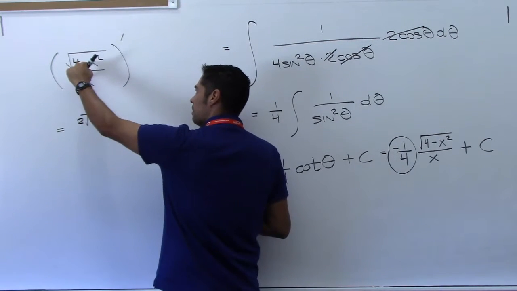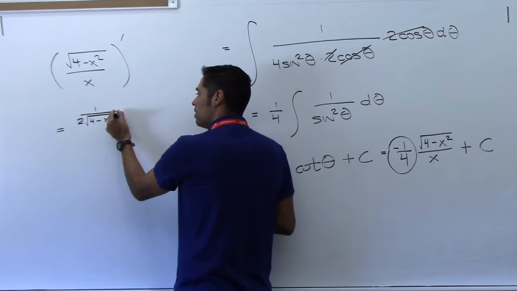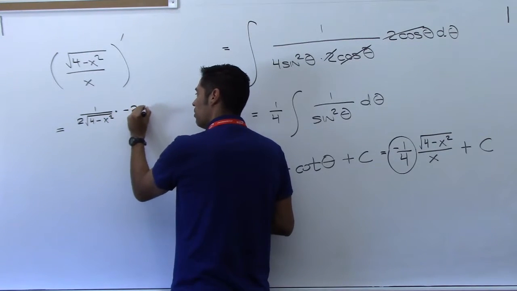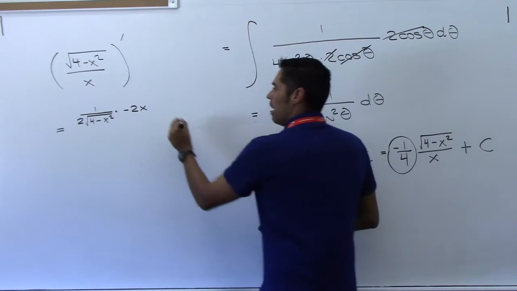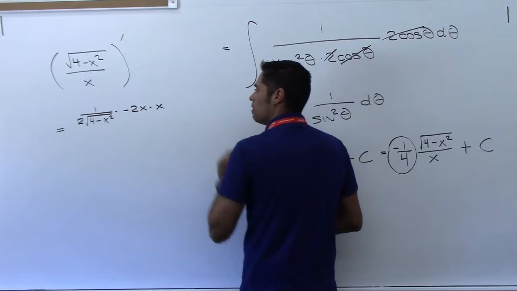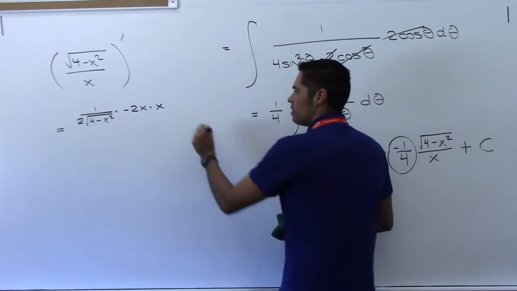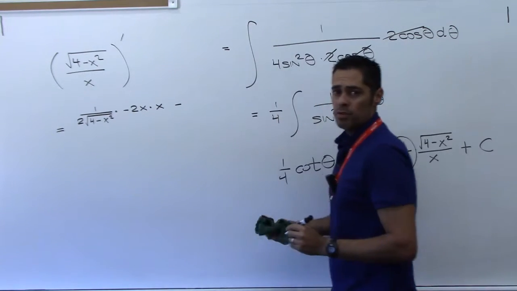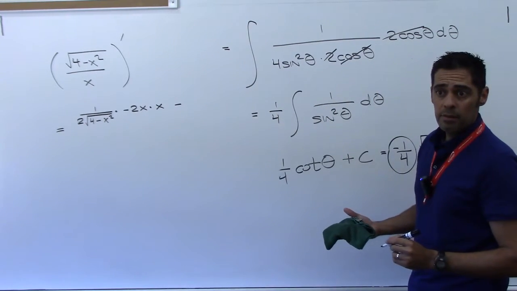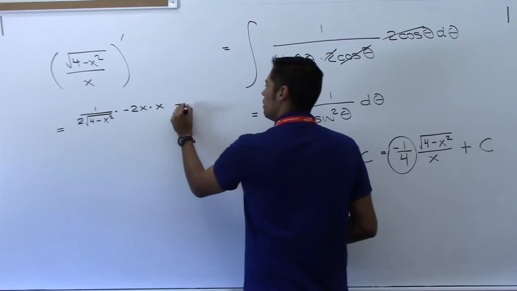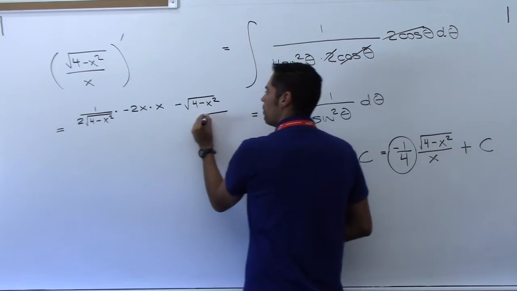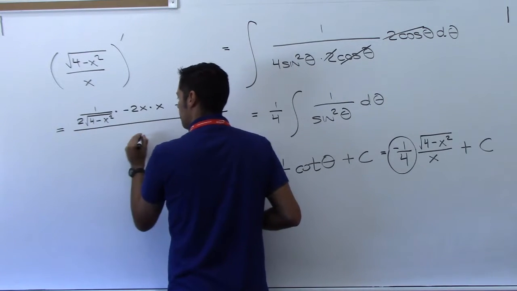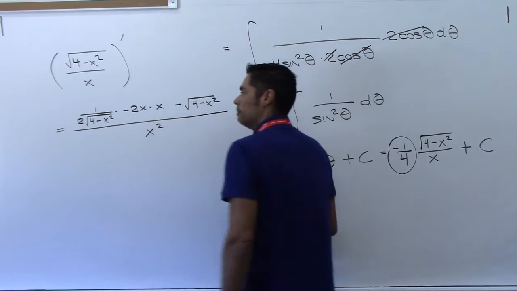But because there's something inside of it, I have to do chain rule, which means the derivative of the inside, which is negative 2x. That's the derivative of the top, times the bottom, then minus the derivative of the bottom, which is 1, times the top, which is this. All of this over the bottom squared.